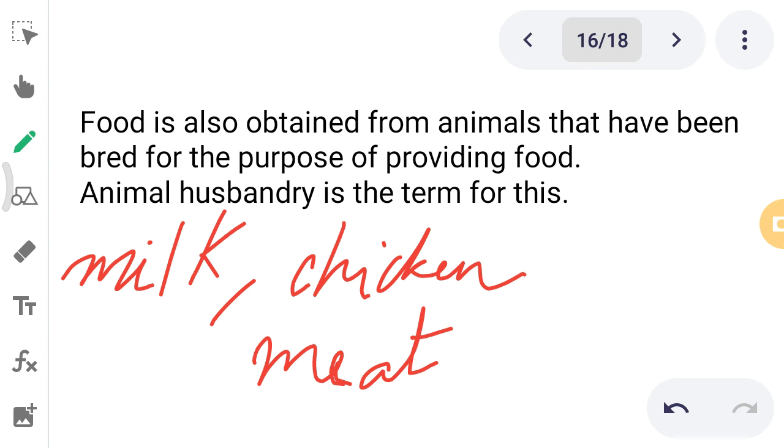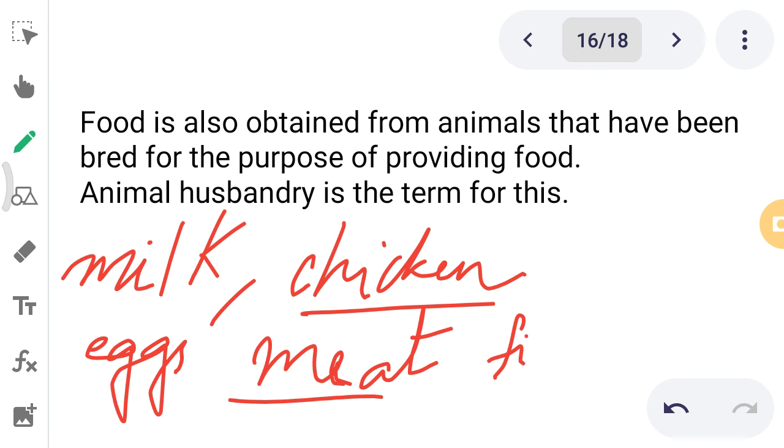Okay, by the word meat, everything comes under meat, right? So milk, eggs, fish, etc. So these all come under animals providing food. So animal husbandry is the term which is used for this.